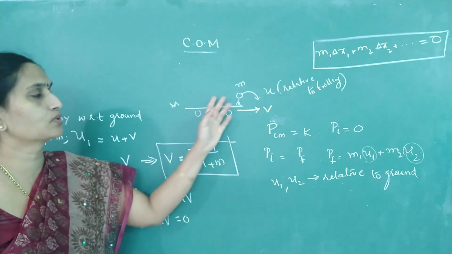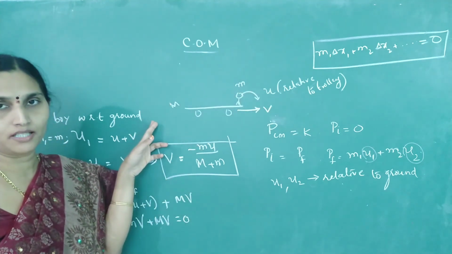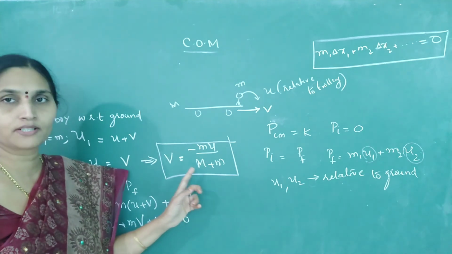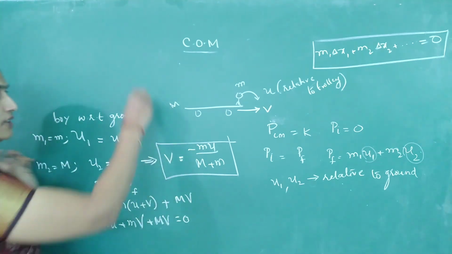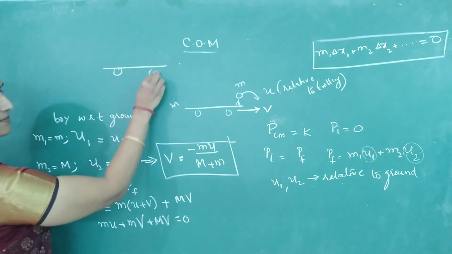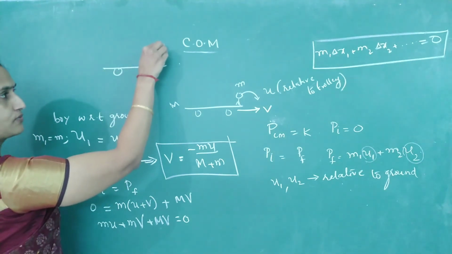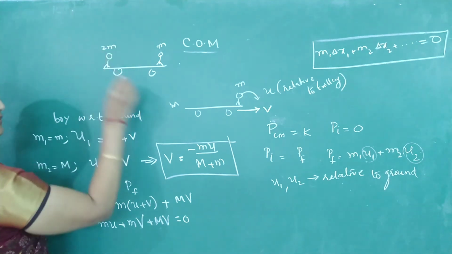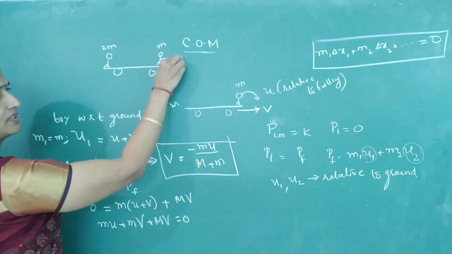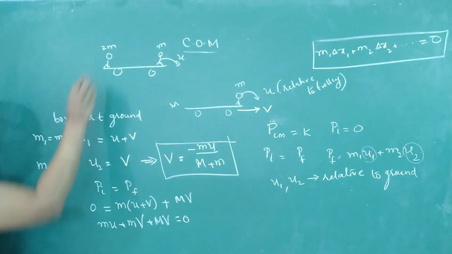Sometimes they may give you two boys jumping simultaneously. So using this relation, I will give you a generalized equation, but it should be simultaneous only. If two people are jumping simultaneously, let the mass of this be m, and let the mass of this person be 2m. Related to plank, his speed is u.